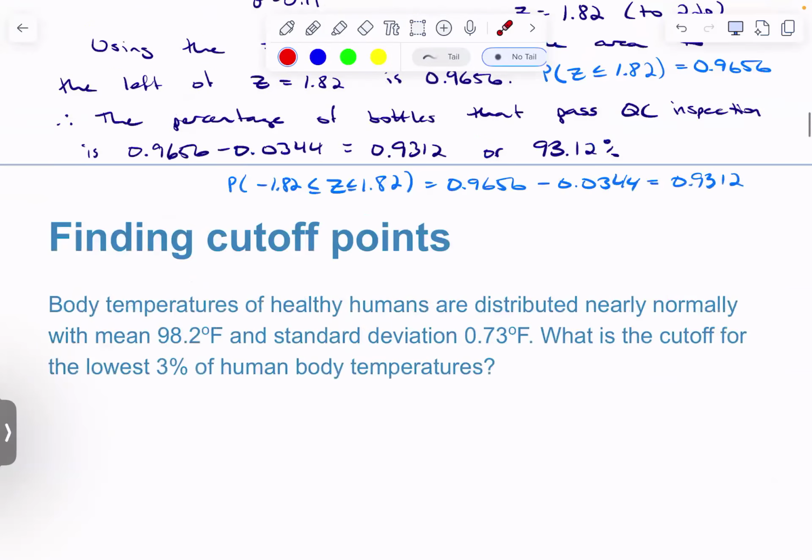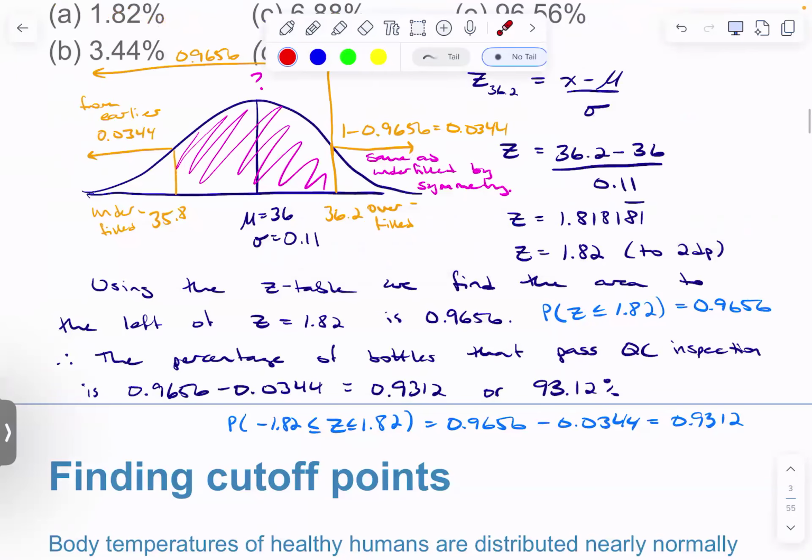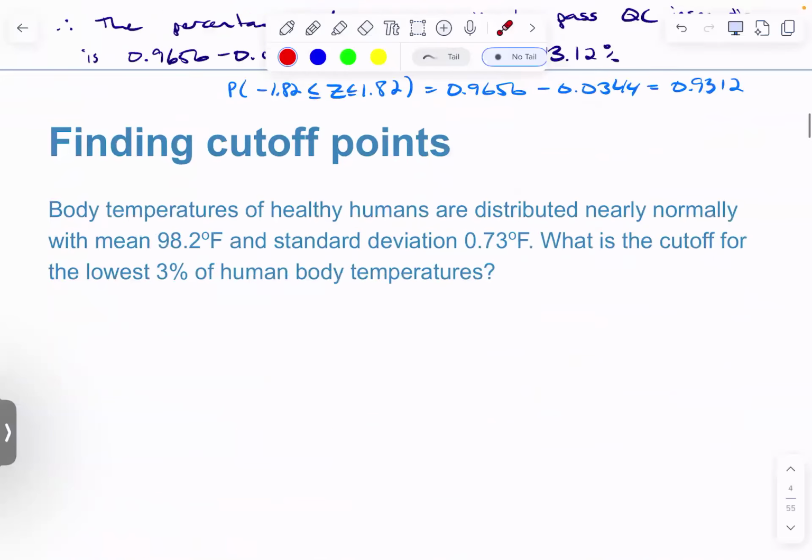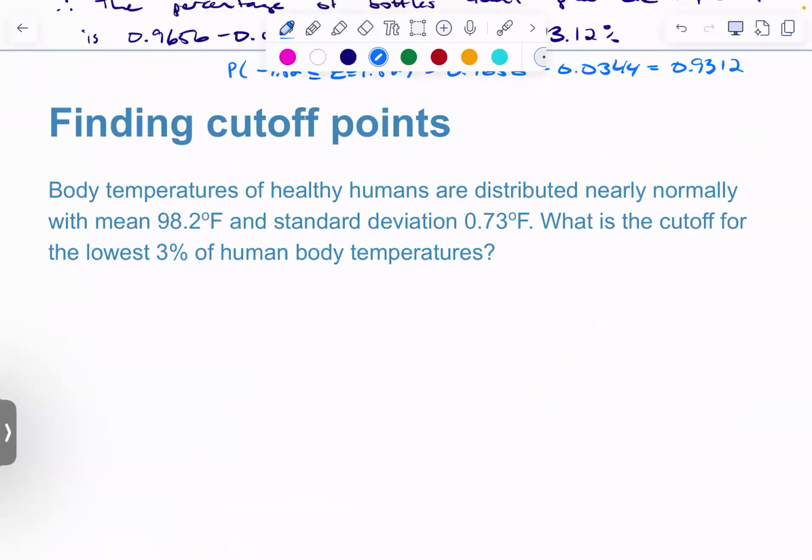Any questions about this one? Before we do an example, working backwards, working the other way. What does that look like? Finally, a new distribution.